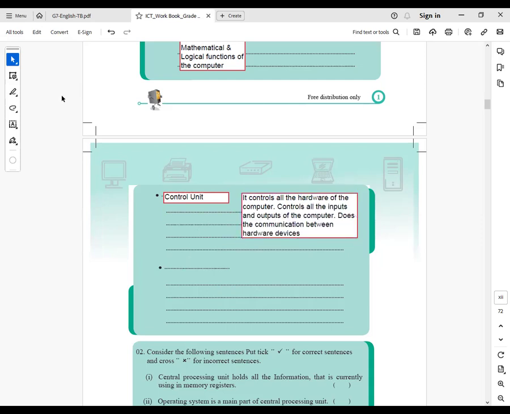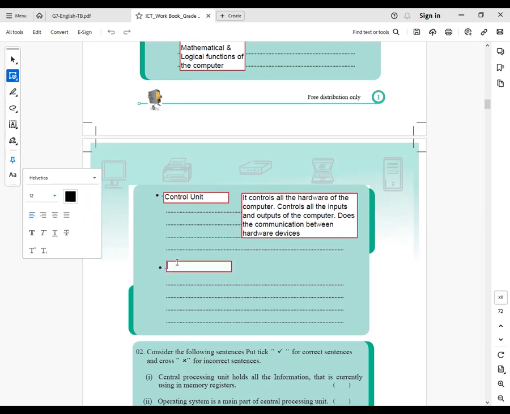Right? Then memory registers. What is the function of memory registers?